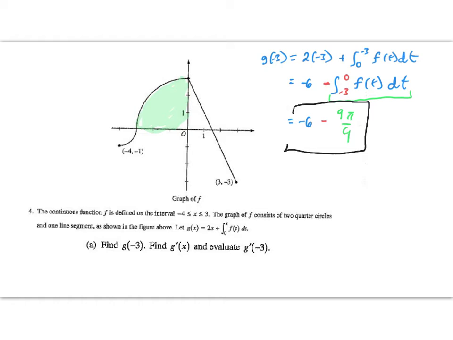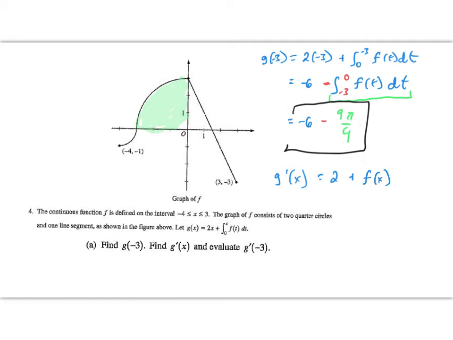Okay, well now to find g prime of -3. Let's go ahead and find g prime of x first, because that might be helpful to our cause. If I go to find g prime of x, I'm going to end up with 2 plus, oh, okay, well hang on here. This is just going to be f of x according to the Fundamental Theorem, part 1. All right, that's good to know.